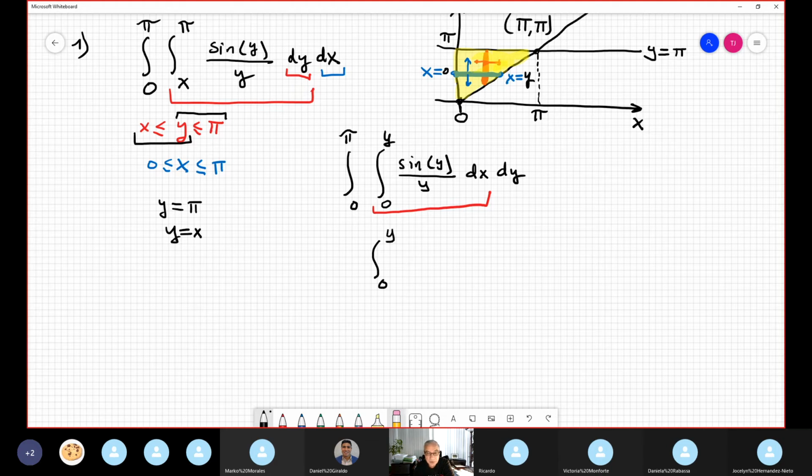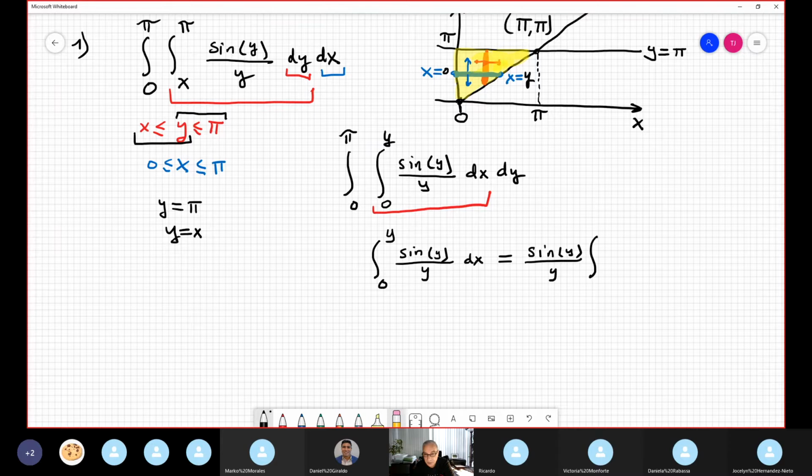Some people prefer never to separate the integral, but whatever. You treat it like a partial problem, no? So you integrate with respect to x. You temporarily ignore dy and the second integral. This integrand function does not depend on x, so you consider it like a constant, and you put it outside the integral.